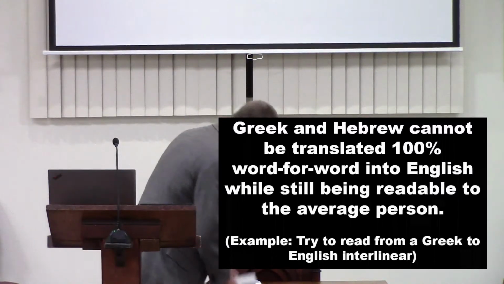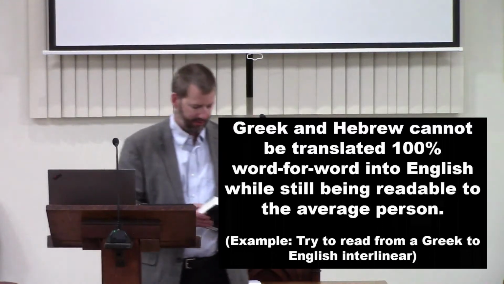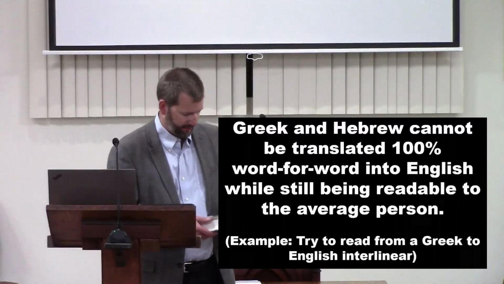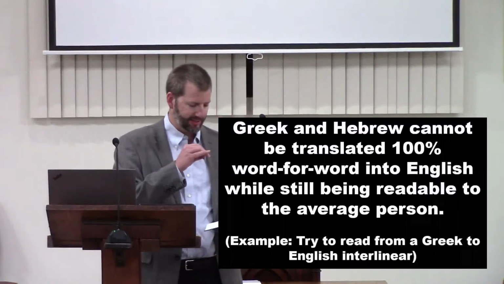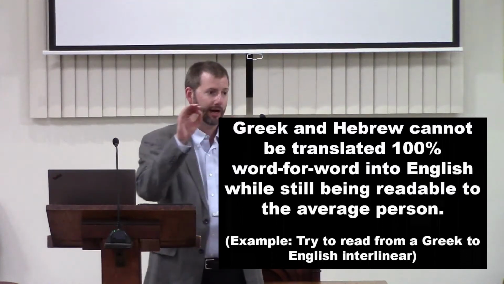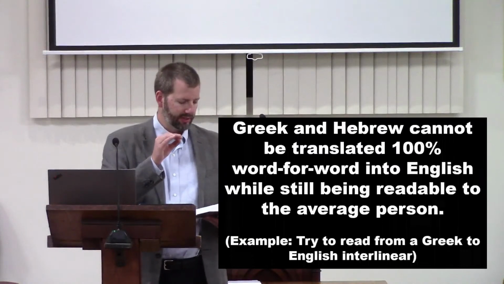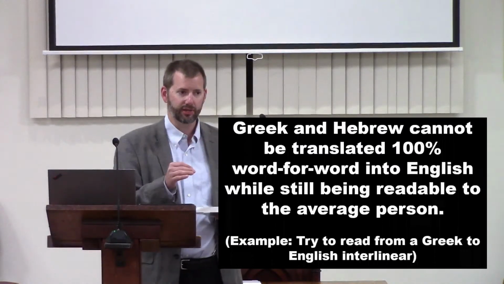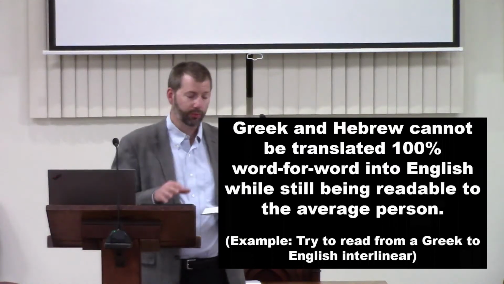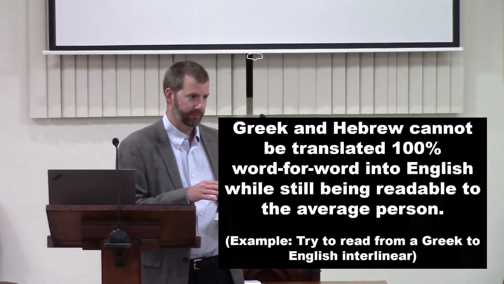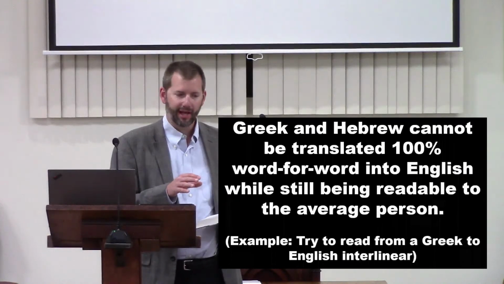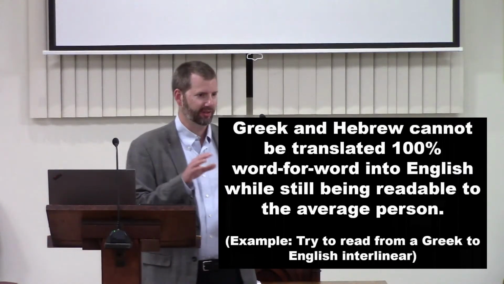To show us this, I have here a Greek interlinear. Now what an interlinear is, it has, in this case, Greek on the top, and right below it, the direct English translation, without any rearranging for proper English vocabulary or sentence structure. And so it really makes it a little different.